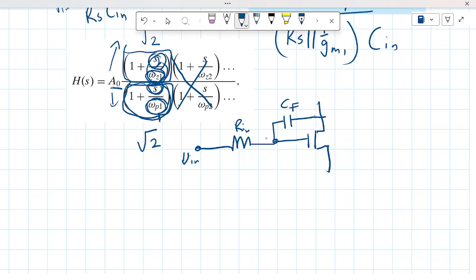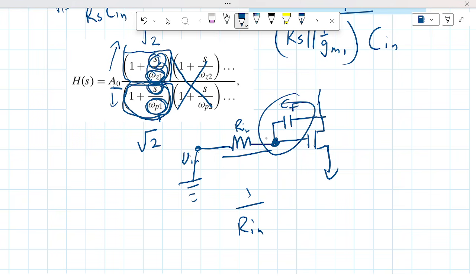You wanted to find the pole at this node. Now we have the resistance to ground. If I set this to 0, I have the resistance to ground to be 1 over R_in, but this capacitance does not lead to ground. So this is the output, and I cannot say this is an AC ground because the voltage here would be changing, unlike VDD. Assuming there's a resistor here, then the voltage there will be changing. So I cannot say that this is an AC ground.